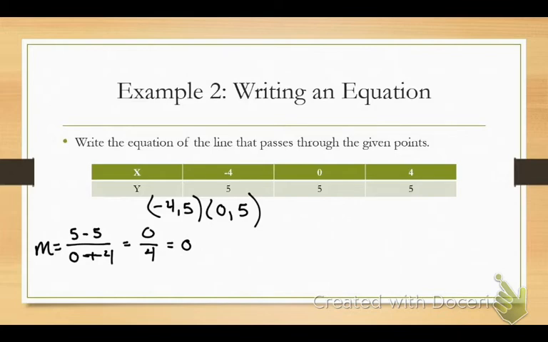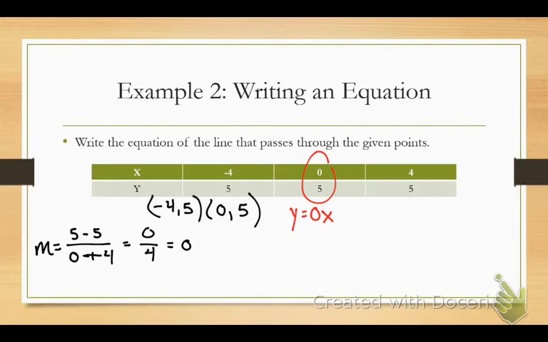So here's what it looks like in your equation. Y equals 0x. What's my y-intercept? How did you know it was 5, guys? Because it's paired with the x value of 0, meaning it doesn't go either way on x, and I go up to a 5 and I plot my point.